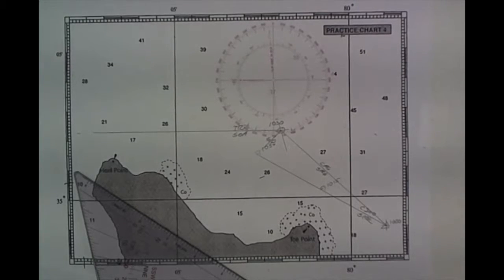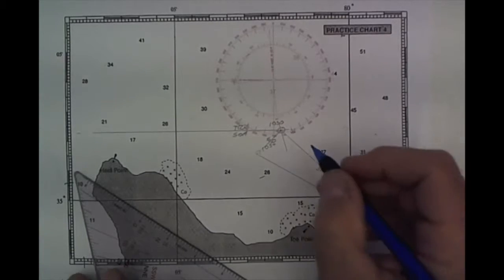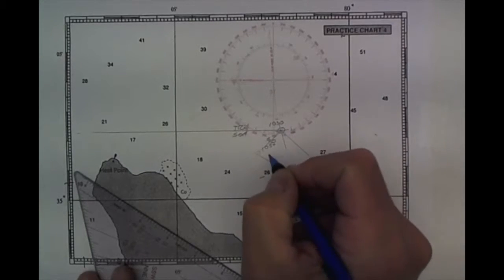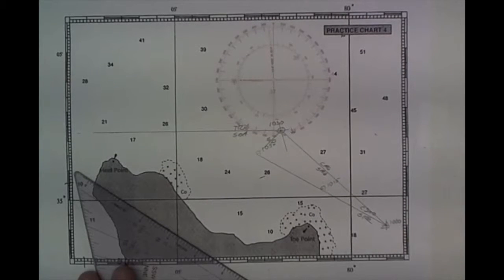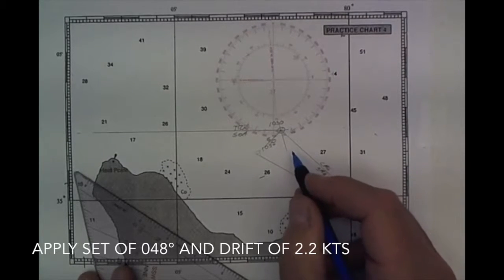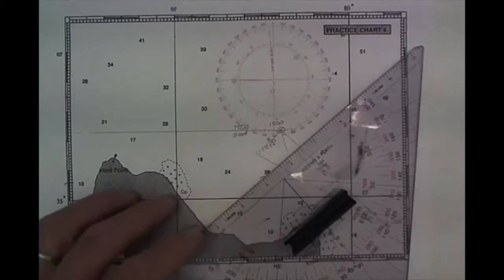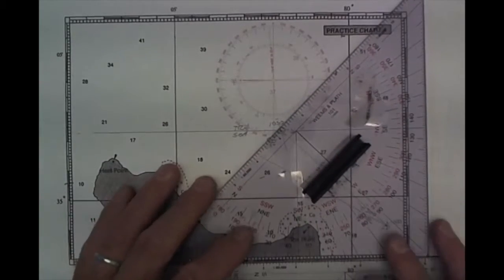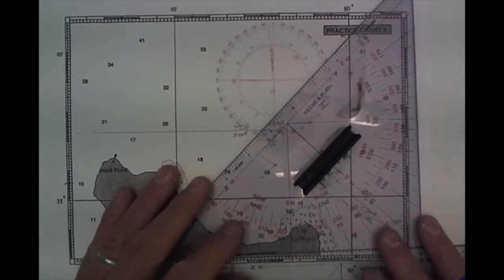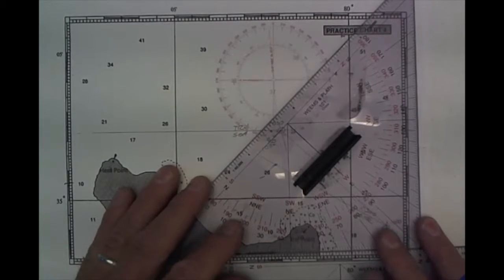So the first thing we're going to do is apply our set and drift. We're going to take our set and drift from our known position and apply that same set and drift we just determined, which is a set of 048 degrees at a drift of 2.2 knots. We'll apply this from the 1030 position.